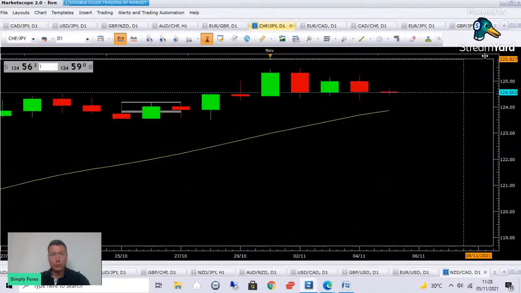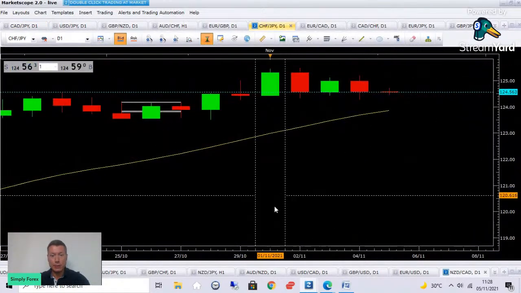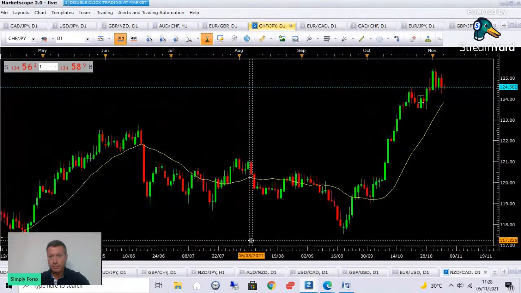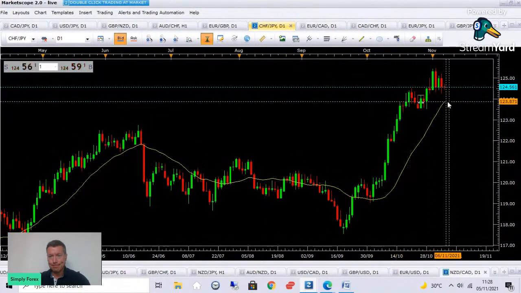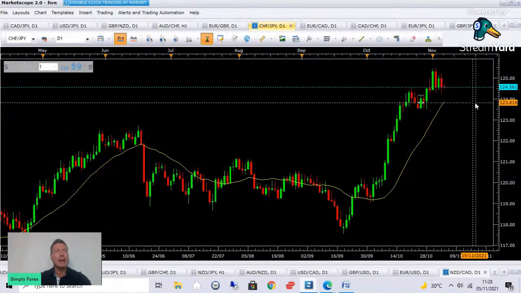Next one, guys, Swiss franc against the Japanese yen. For every pair, guys, I want you to ask yourself this question: would I long it or would I short it? Does the trade have room to move into?